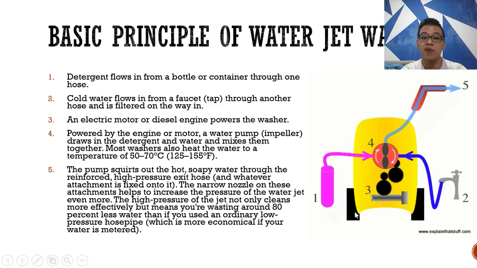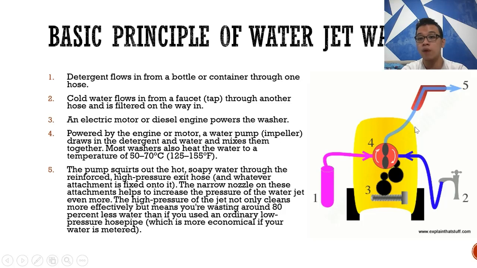So if we simplify it, the detergent and the water flow in from two different hoses. Next, the electric motor powers the pump and mixes the detergent and the cold water into water that has a higher temperature, in the range of 50 to 70 degrees Celsius.